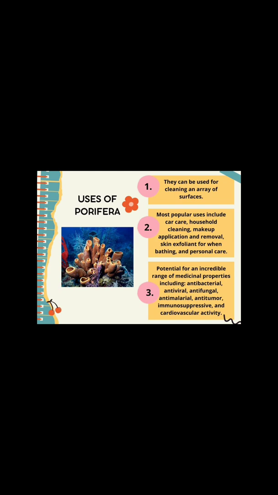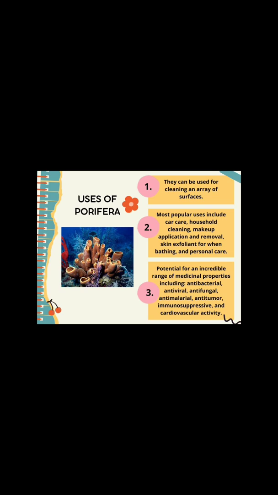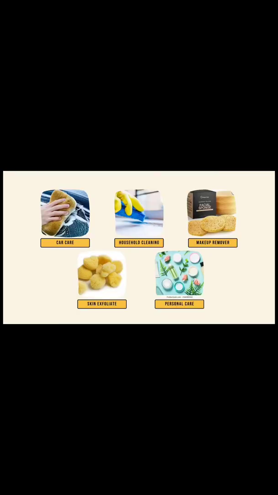Okay, for the next slide, use of Porifera. First, they can be used for cleaning an array of surfaces and have better water retention than that of the artificial sponge. Next, most popular uses include car care, household cleaning, makeup application and removal, and skin exfoliant for bathing and personal care.